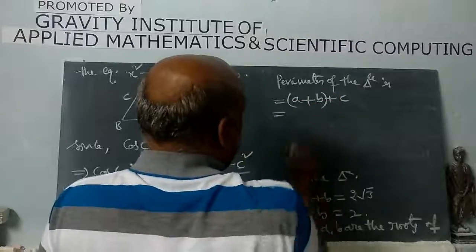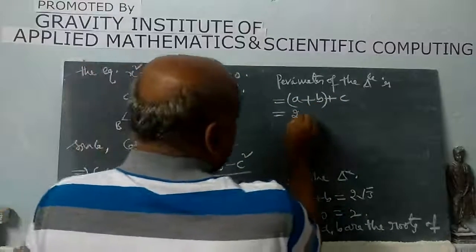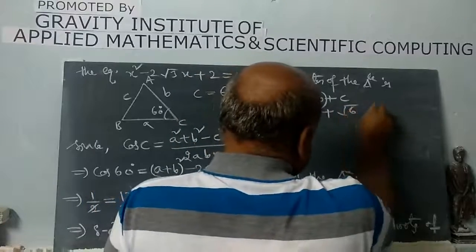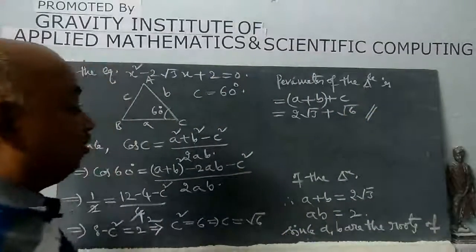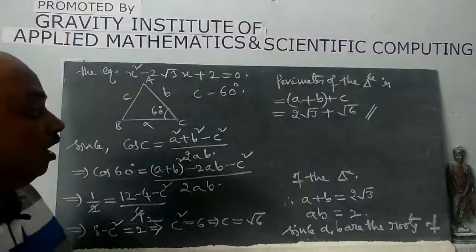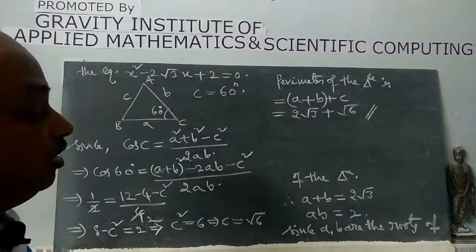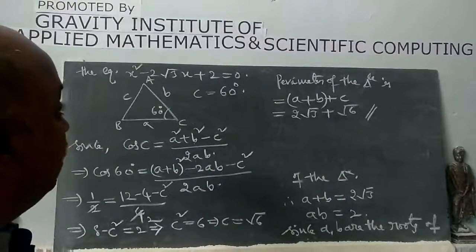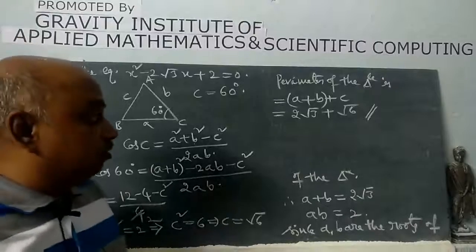C is equal to a plus b, whose value is 2 root 3, and c value is root 6. So this is the required perimeter of the triangle, provided two sides of the triangle are the roots of the equation x square minus 2 root 3x plus 2 equal to 0.